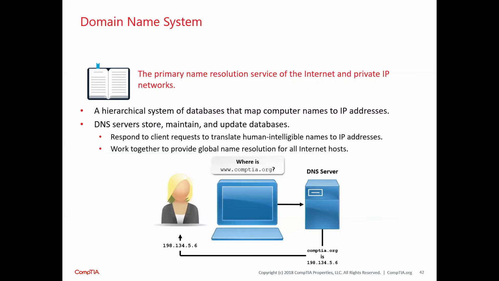Okay, then we have the DNS, the Domain Name System, which is normally used to provide name resolution to translate name to IP, and IP to name. DNS is a hierarchical system or database that maps computer names to IP addresses.